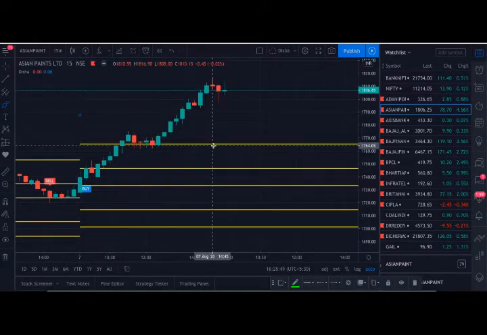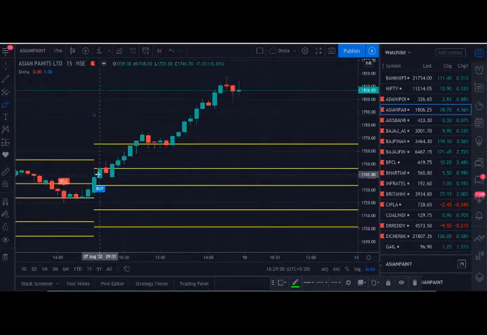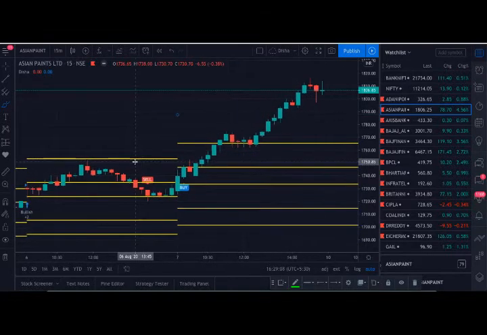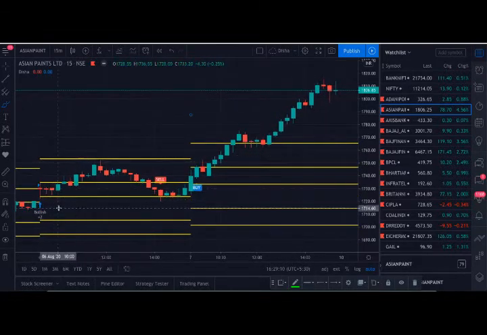Now this is the Asian Paints chart. You can check here that a buy signal was generated. On the day, no bearish or bullish trend was given. Just check whether the stock is bullish or bearish by going to the past.